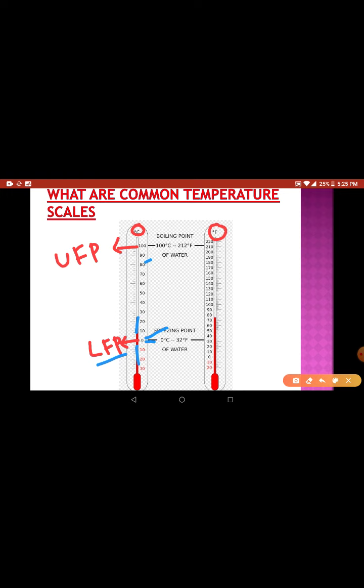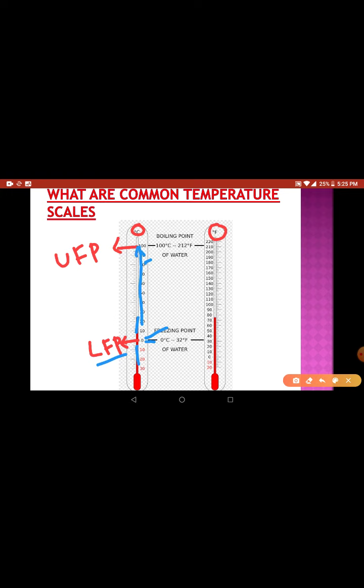We got the lower fixed point and we need another fixed point, so we keep the same thermometer in boiling water. We know that the boiling of water happens at 100 degrees Celsius. When you keep this thermometer in boiling water, its level slowly rises and stops at a particular point.